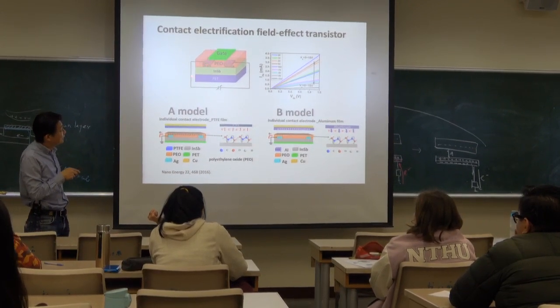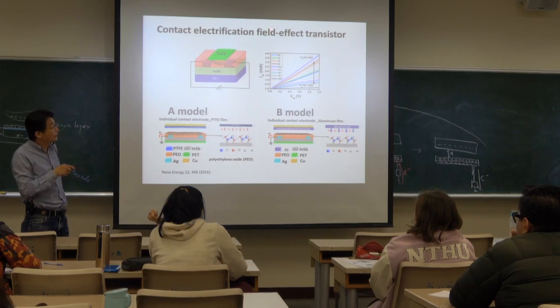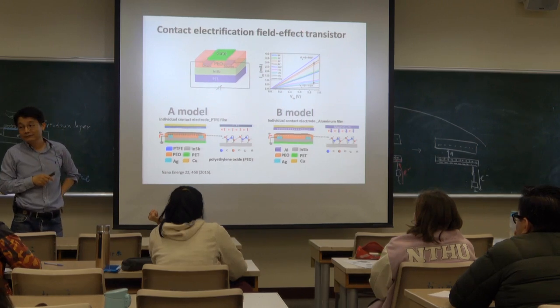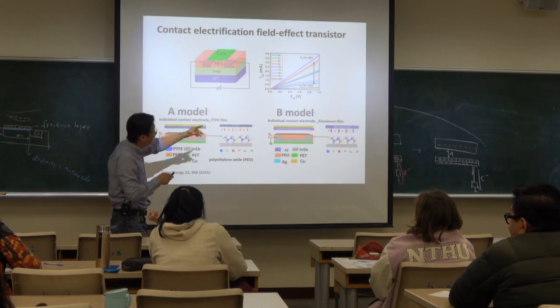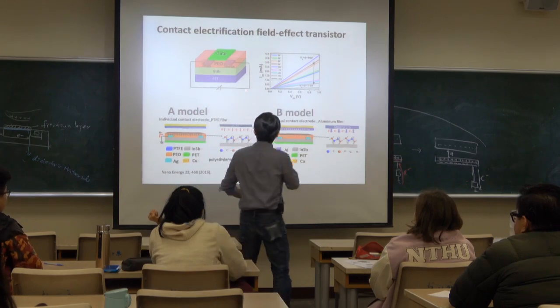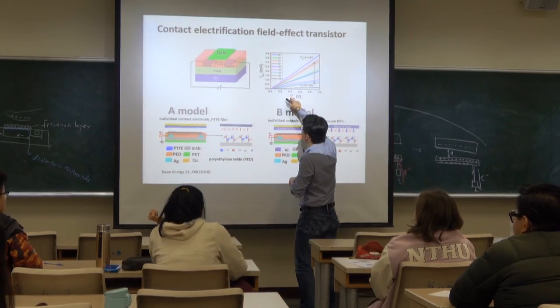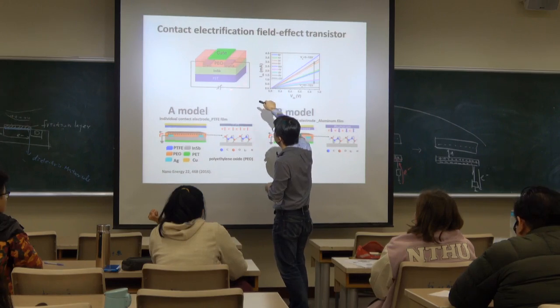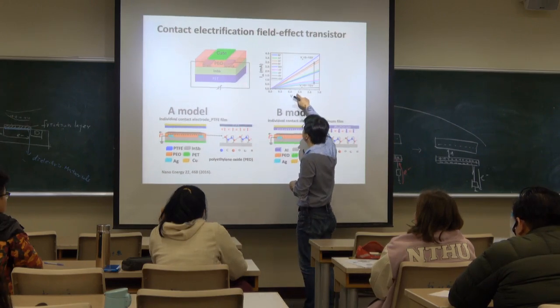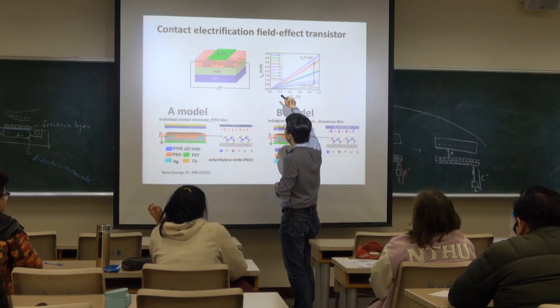So this is the traditional field effect transistor, and this is the N-type. So you can look here, right? There's a VDS. VDS is the voltage between source and drain. What is the IDS?